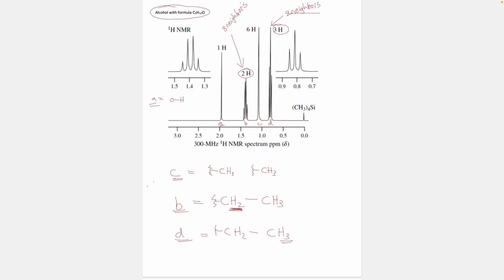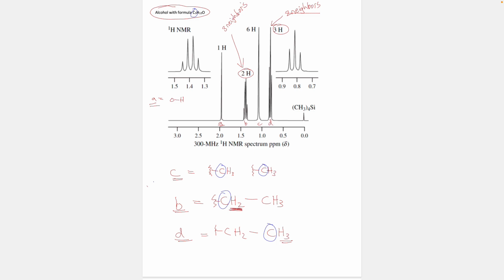Let's add up carbons. Maybe I'll circle these in a different color. We've got a carbon here, a carbon here, a carbon here, and a carbon there that we've identified. So we've identified 4 different carbons that must be there based on the protons that we're seeing. But when you look at the spectrum, there are actually 5 carbons present. So there's 1 carbon that's missing.